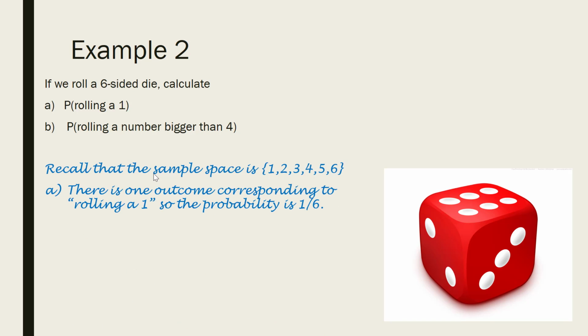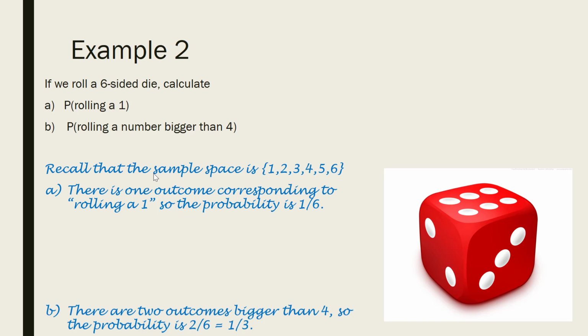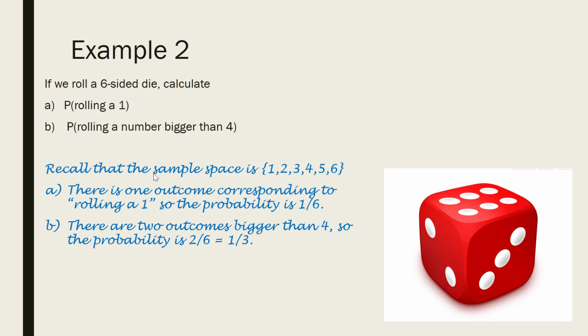So the answer to part A is that there is one outcome corresponding to rolling a 1. And so the probability would be 1 out of 6, or 1/6. The answer for part B is that there are 2 outcomes bigger than 4. That would be 5 and 6. So the probability is 2 out of 6, or 2/6, which can simplify to 1/3.